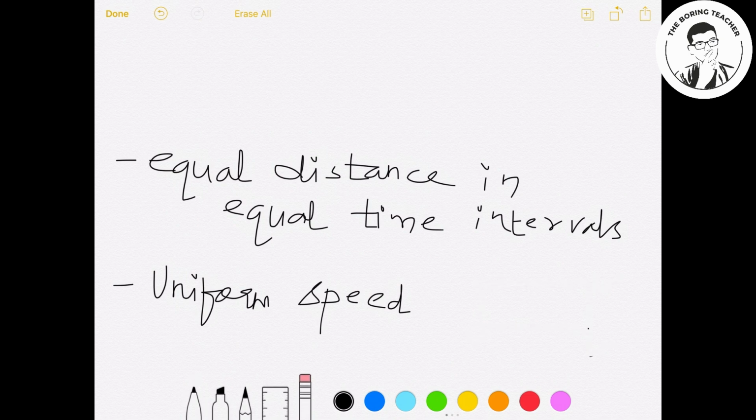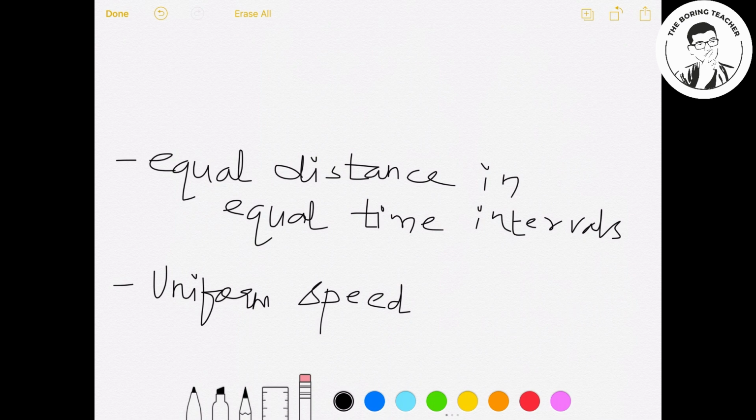Now suppose there is a pentagonal path, then the particle has to change direction 5 times. From this we can understand that if you go on increasing the number of sides in a polygon, then the number of turns the particle has to take also increases. But in case of a circle, there are n number of sides, so the particle has to change the direction of the motion n number of times.